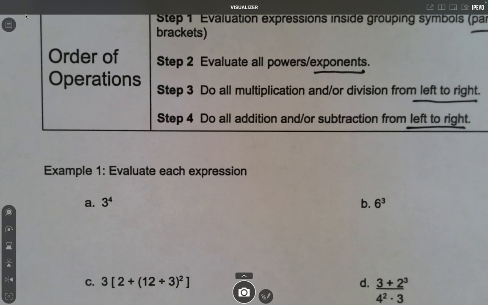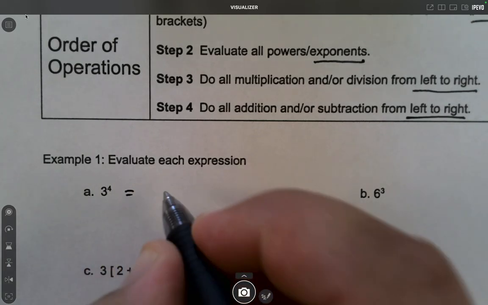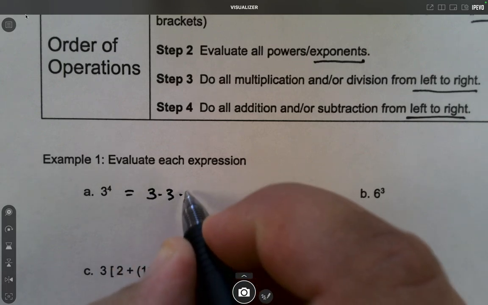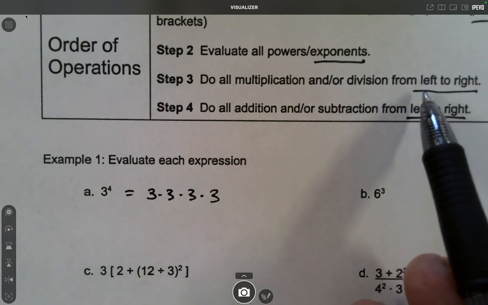Okay, so as we look at the examples here, part A, this is 3 to the 4th power, so there's just an exponent we need to deal with. Now, if you can do that on your own in your head, great, but if we're working this out by hand, it's probably easiest to remember that 3 to the 4th power means 3 times 3 times 3 times 3. So we're going to obey this rule about going from left to right.